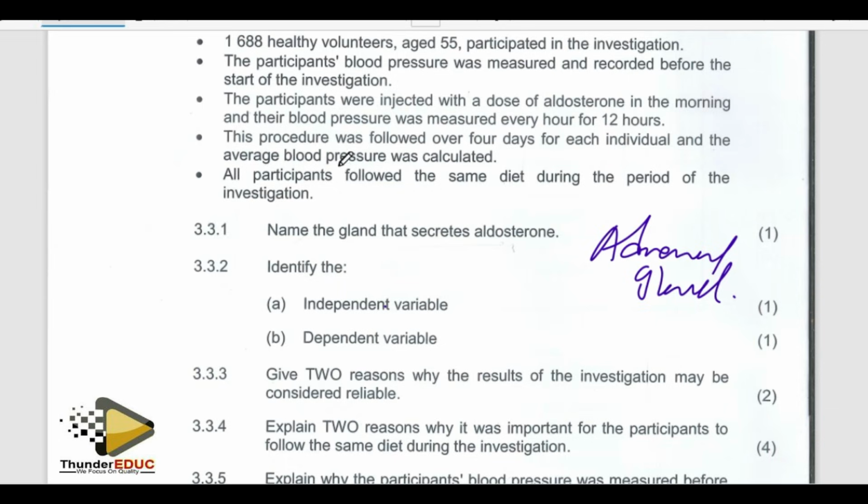And then they said that they calculated the average pressure. So they calculated an average, and also they repeated it over a period of 12 hours.